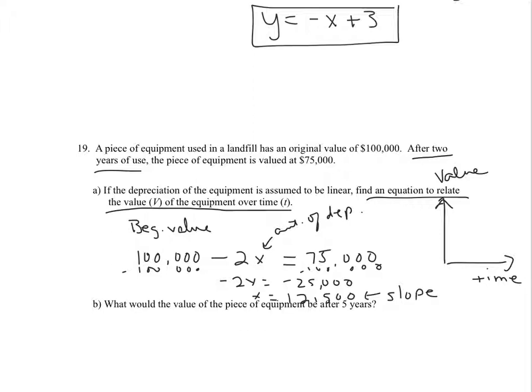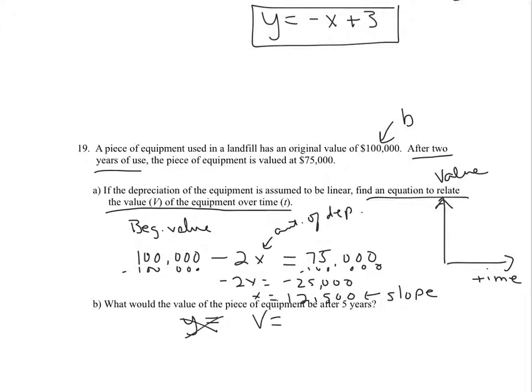We already knew this was our y-intercept, our b. We now have our slope, and so we can write the value of the piece of equipment as an expression. And actually instead of y equals, since we're looking for the value, I probably should write that as v.